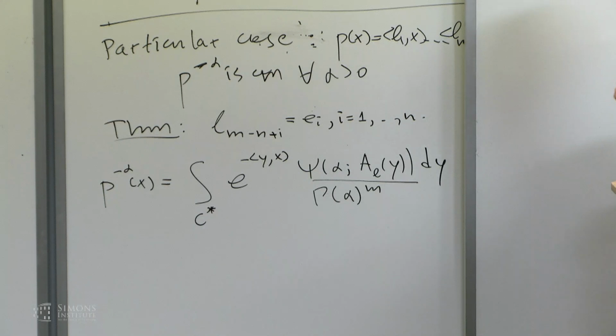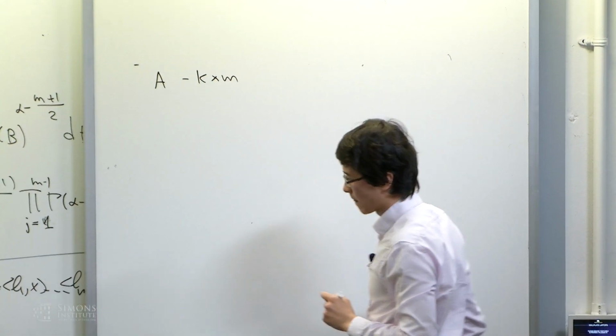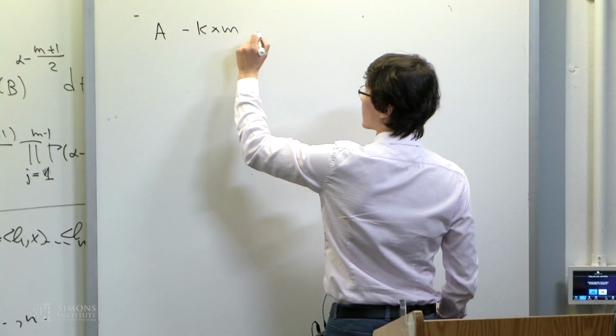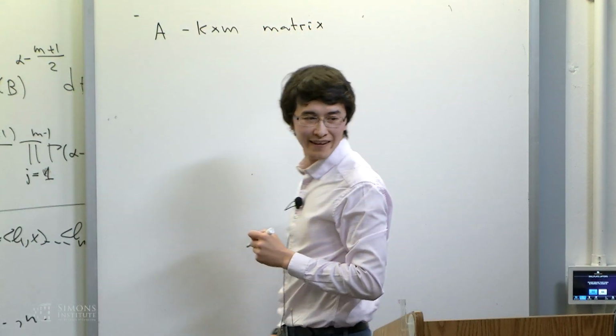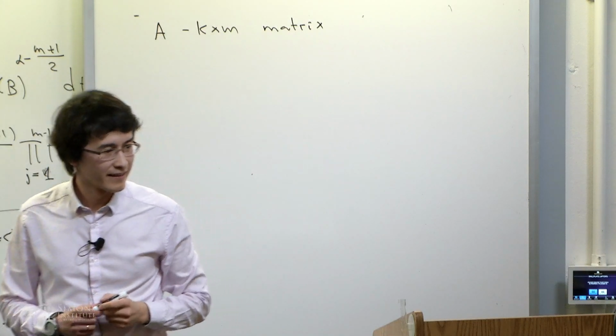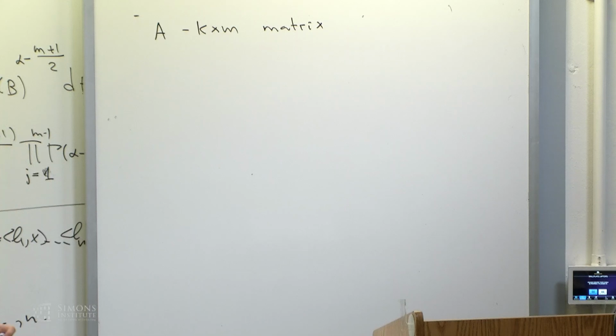Okay, so let me start with any matrix of size k times m. Is this case, product of linear forms, interesting in general? I mean, this is a very special case of your illustration.